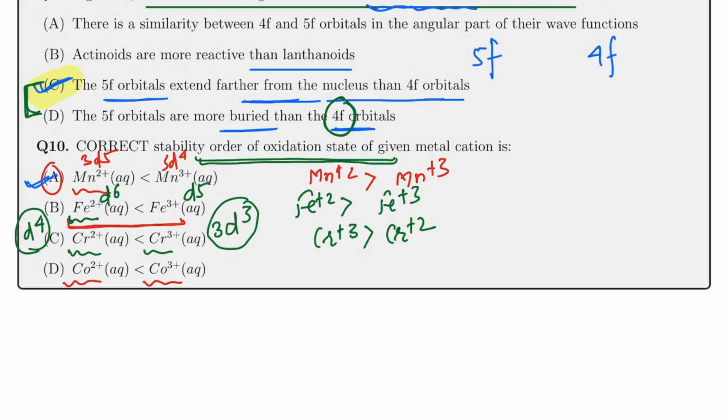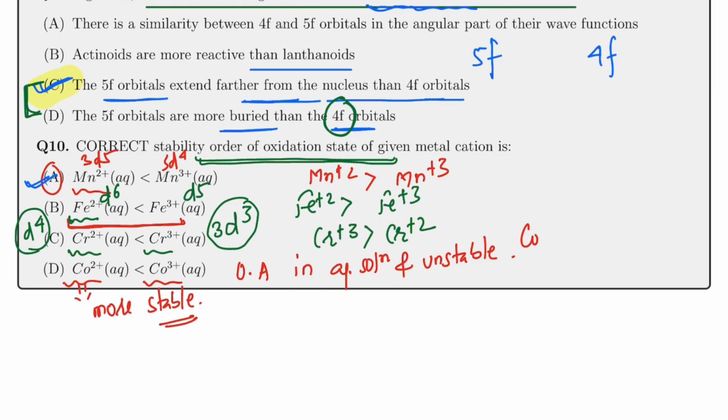Cobalt plus 3 is a strong oxidizing agent in aqueous solution and is unstable also. Cobalt plus 2 is more stable. So the answer would be the other way around for this one: cobalt plus 2 greater than cobalt plus 3. One more application based on cobalt is there in the upcoming questions.